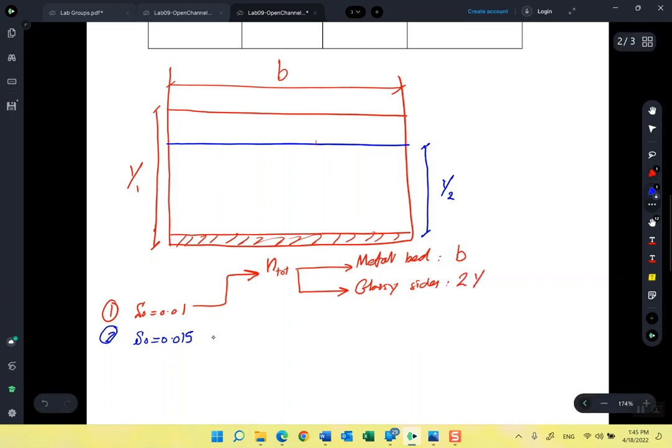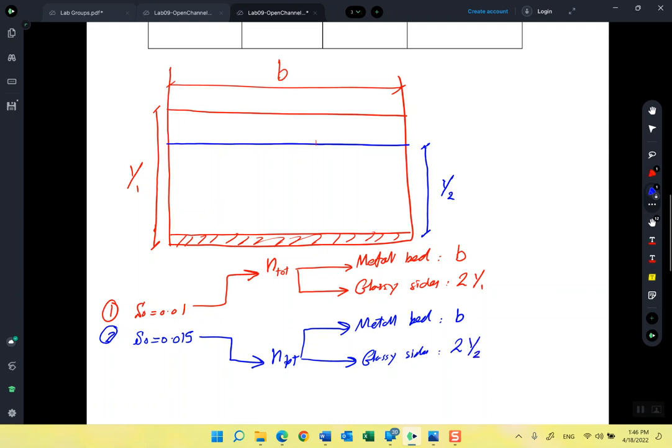But in the other scenario, the total n comes from the same two materials. It comes from the metal bed that has the same length B, and in this scenario the glass sides will have a different distance. It will be 2 y2.